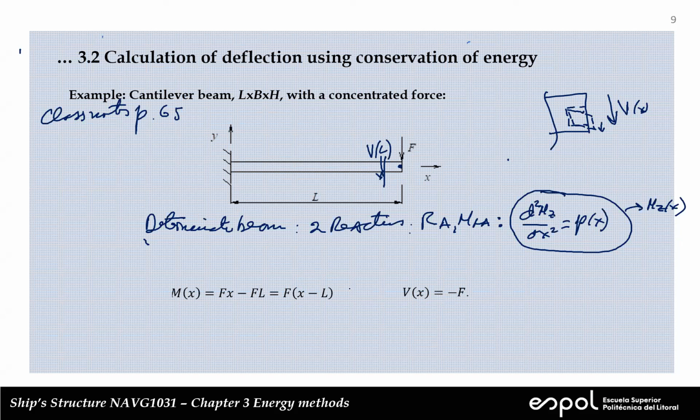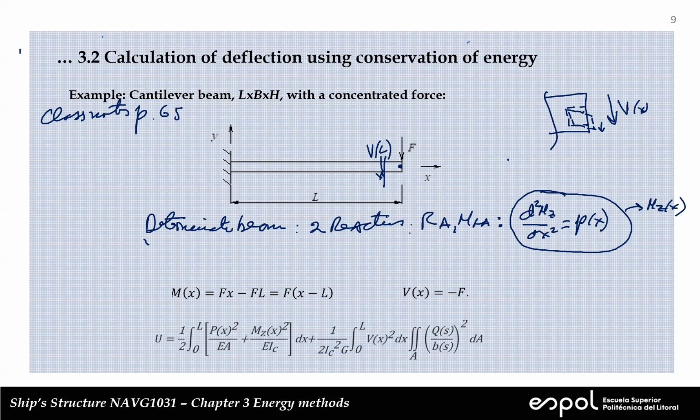These are the solution. So we have the two internal forces, and we can proceed with the integration to calculate U. In this case, we have no axial force, so that's 0. We're going to take this, put it into here, and take this and put it into here.